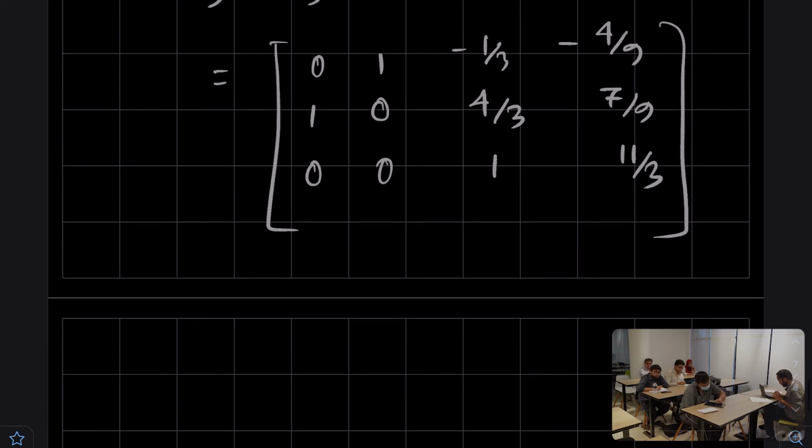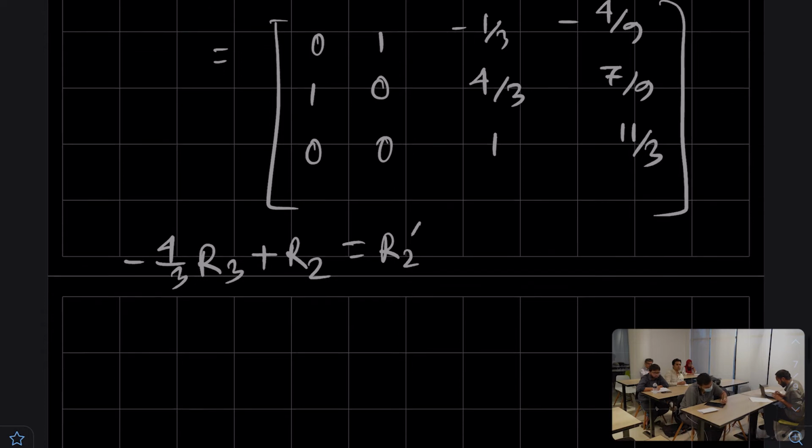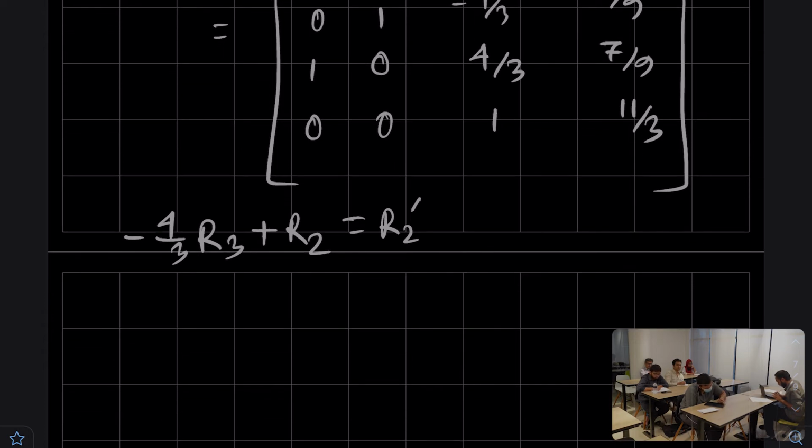So now I multiply: minus 4/3 R3 plus R2 equals R2 prime, and 1/3 R3 plus R1 equals R1 prime.